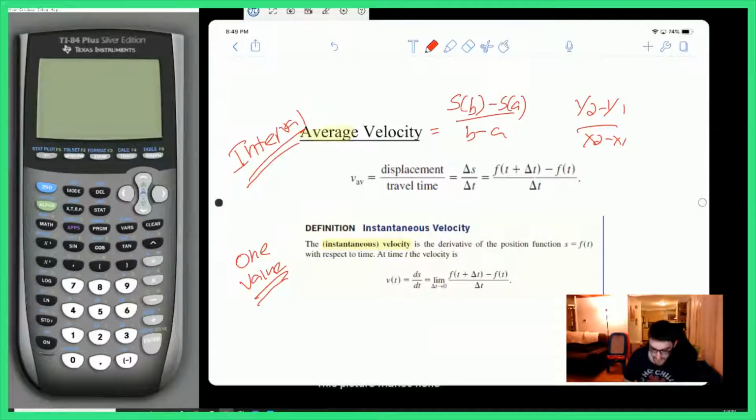So average velocity uses an interval, and instantaneous uses one value. Average velocity uses position because it uses the function before it. So average acceleration would therefore use velocity. It would be a velocity value minus a velocity value divided by x value minus x value, or time. Whereas instantaneous just uses the velocity function, okay?